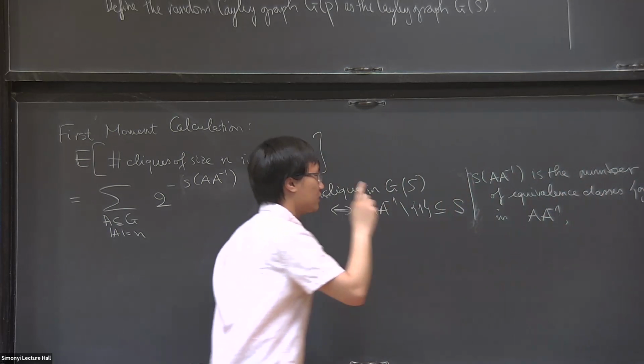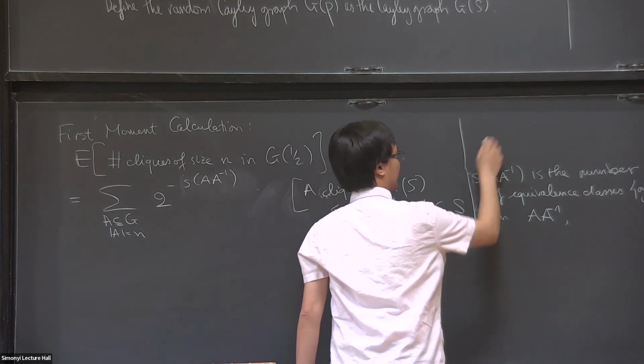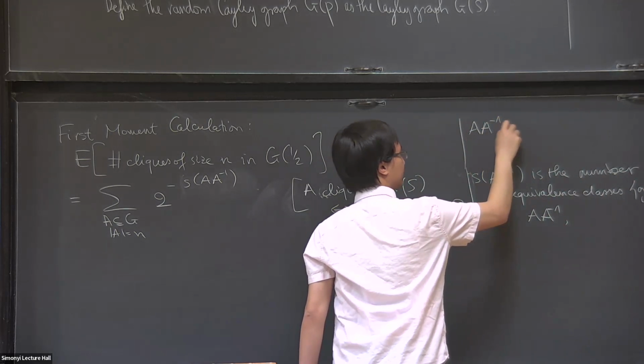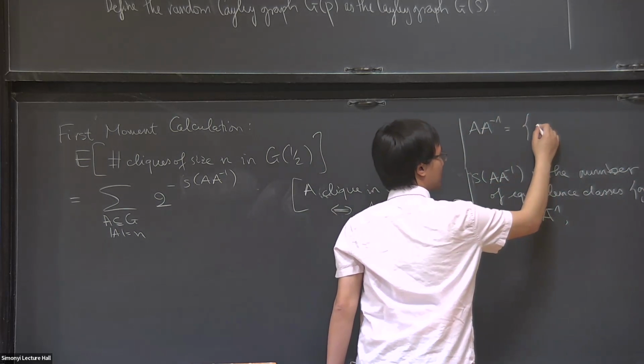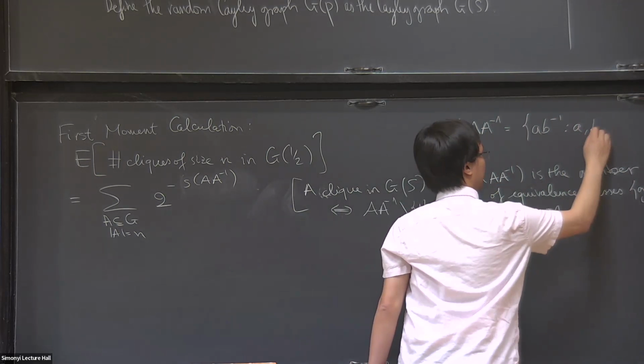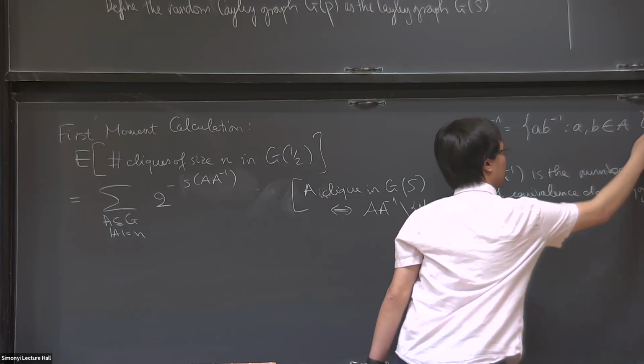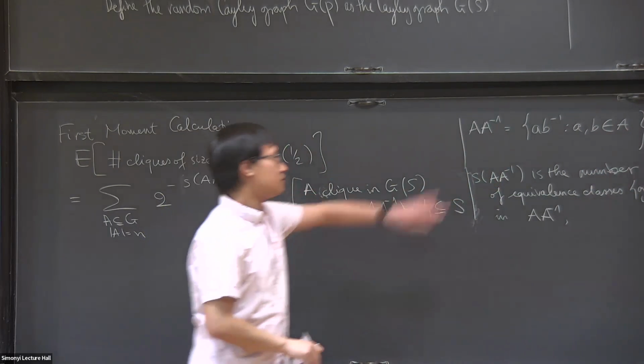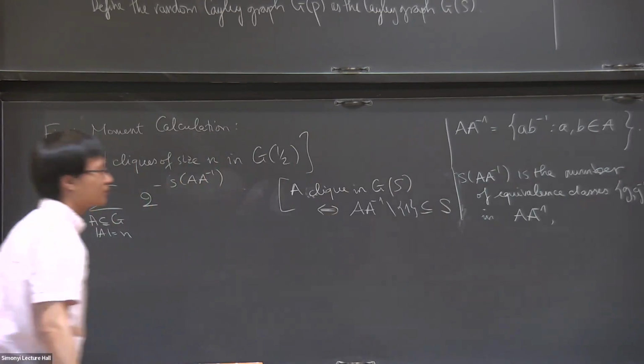Just to clarify the notation, A times A inverse is the set of all elements of the form a times b inverse in the group, where a and b are elements of A. This plays a role just like the usual subset on a different set.